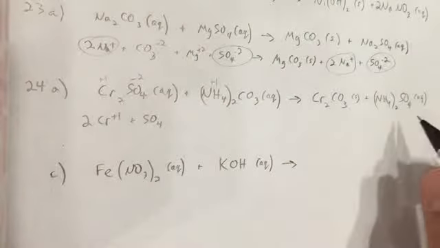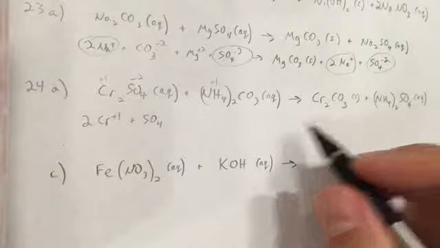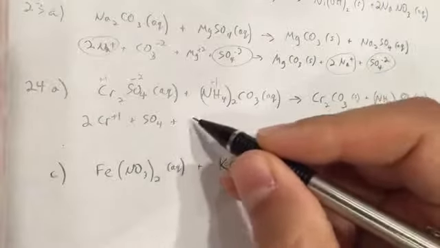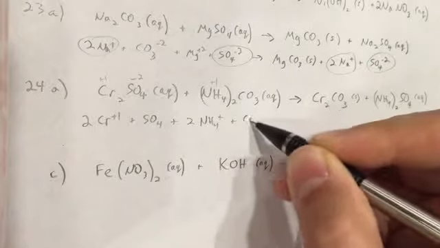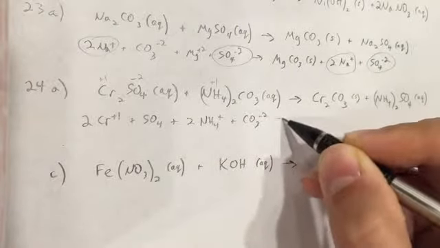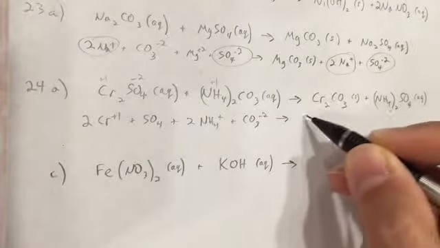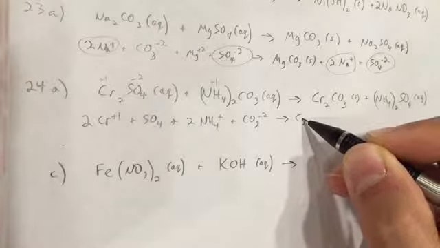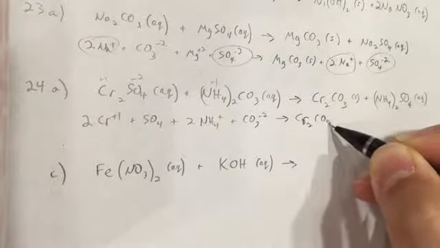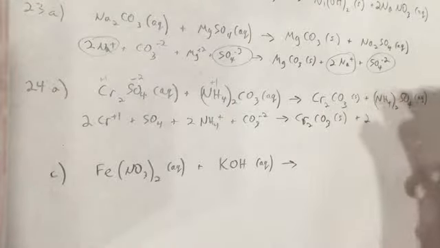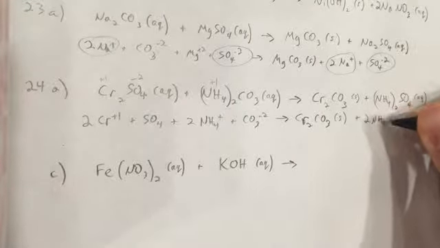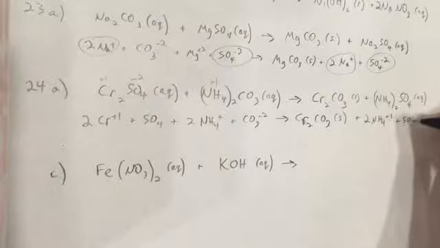Oh wait, let's balance this thing. I almost forgot. It is balanced. Okay. 2 NH4s, a carbonate, and this does not break up, so we've got Cr2CO3 as a solid, and we've got 2 NH4s and a sulfate.